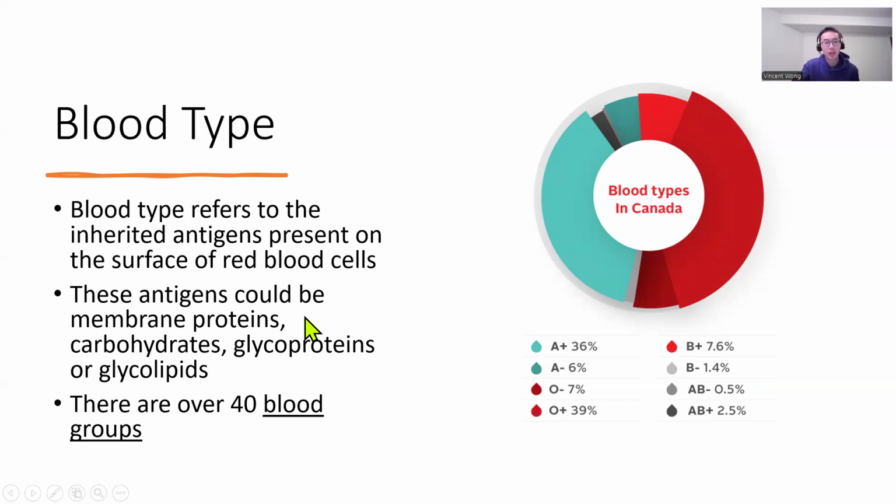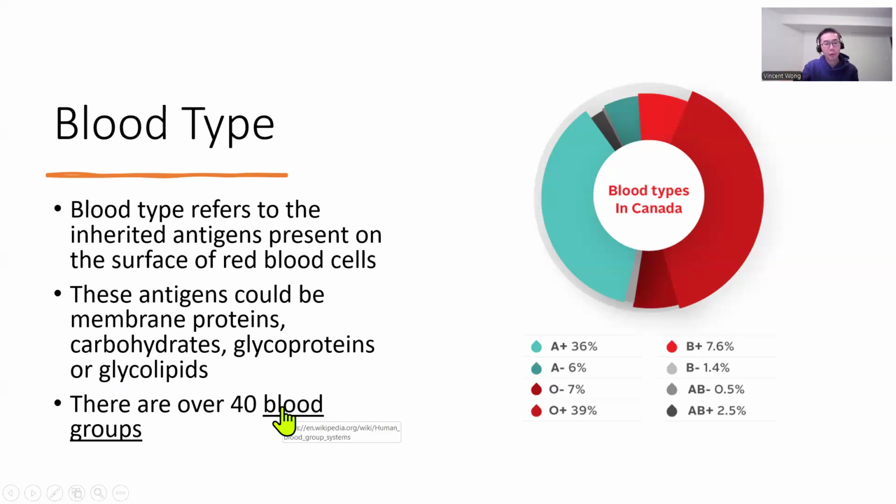These things include membrane proteins, carbohydrates, glycoproteins, and glycolipids. Again, you might remember this from last semester. The glycoproteins and the glycolipids are responsible for cell-cell recognition, right? It's because they form part of these antigens on the surface of our cells.